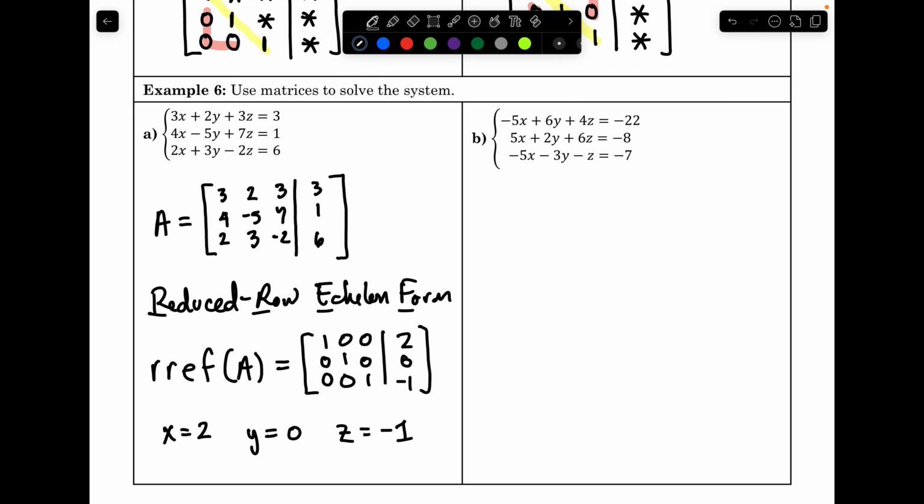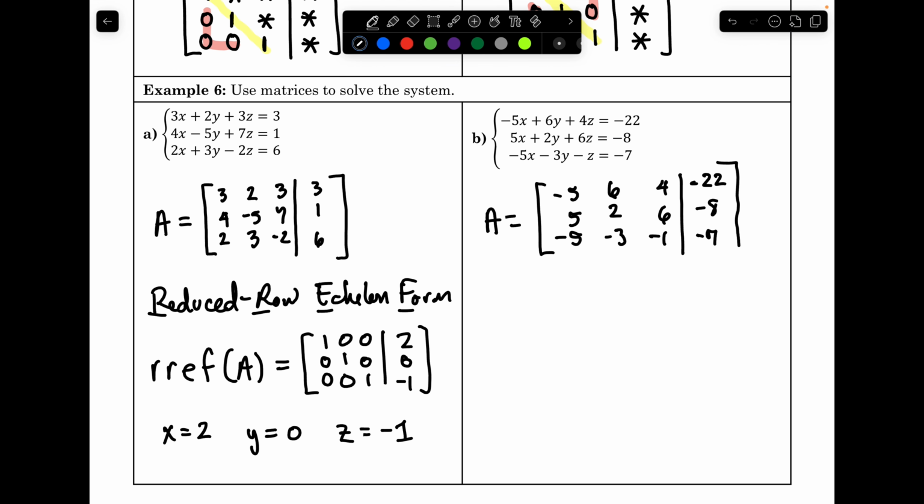So for the last example, we do something very similar. Again, we're going to write this as a matrix. I'll call it again matrix A. And the elements for matrix A going down the columns are -5, +5, -5. Second column will be elements 6, 2, -3. Third, 4, 6, -1. And in the fourth column, -22, -8, and -7.